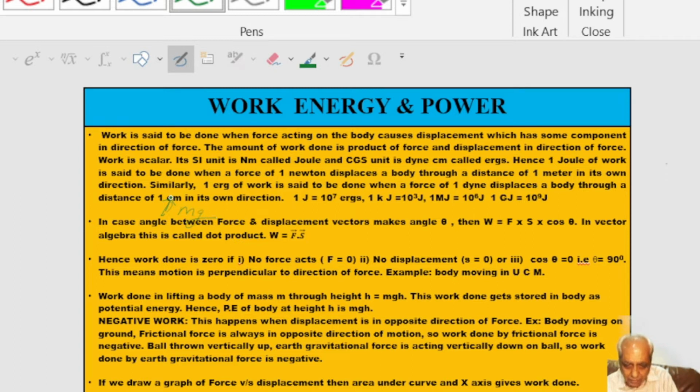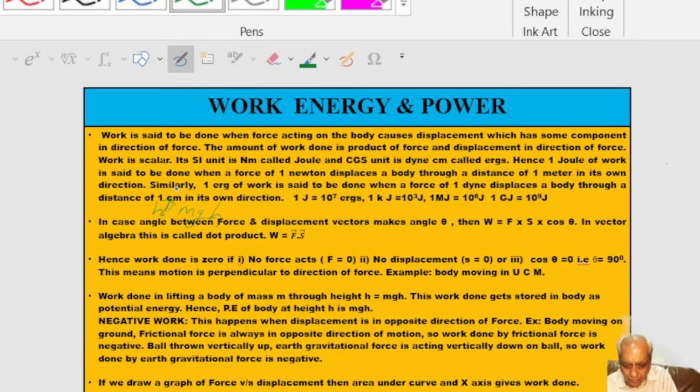And what is work done? Force into displacement, so mg multiplied by h. If the person has lifted a body through a height h, the weight force was acting downwards, so he has to apply a force equal to mg, and displacement is h, so work done is mgh. So whenever you are lifting a body through a height h, you are doing work of mgh.